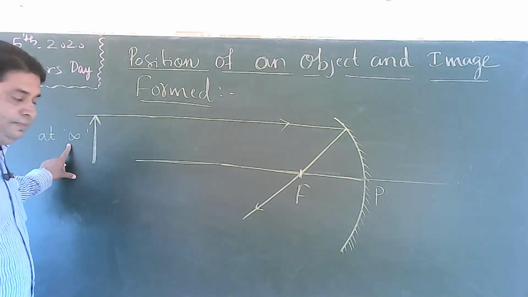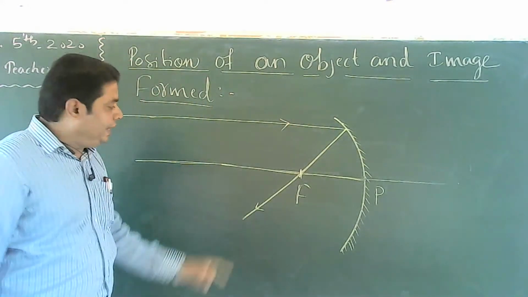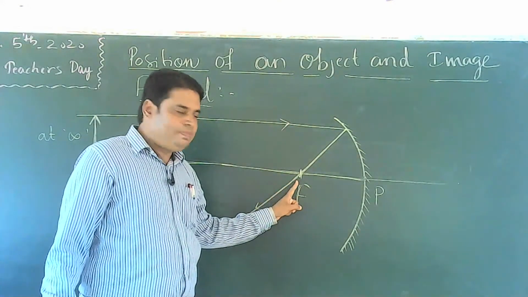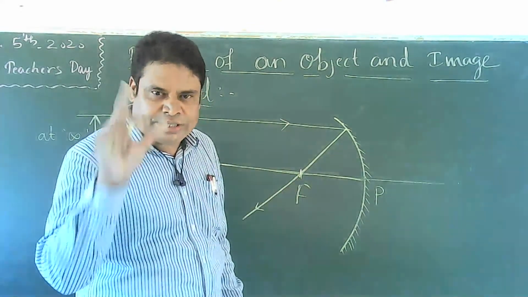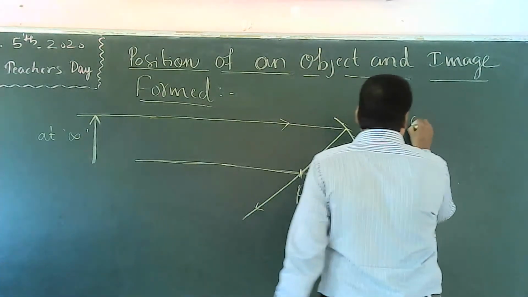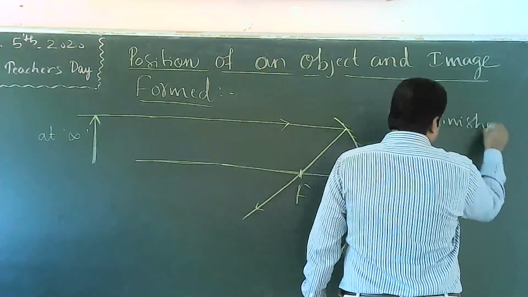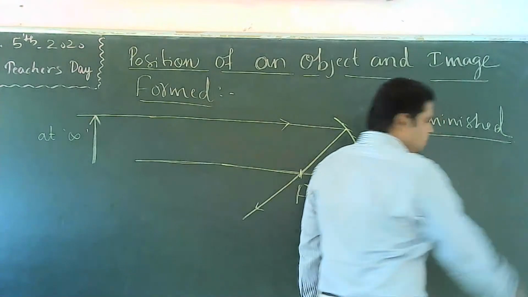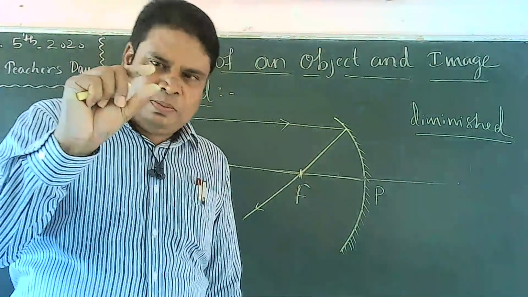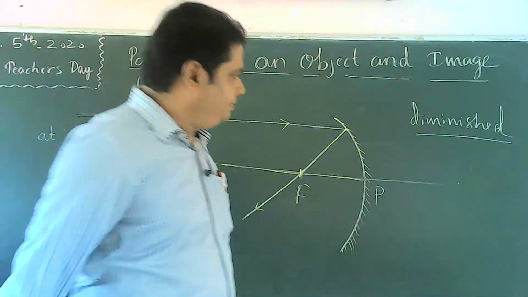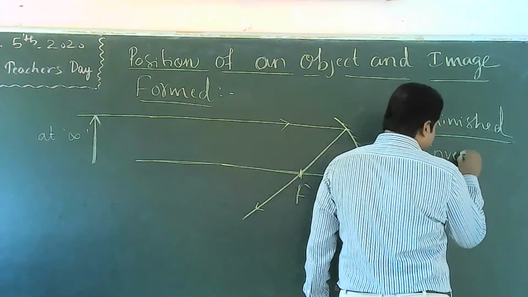When the object is placed at infinity, after reflection, the image is formed at F. Very much diminished is the term used. Diminished. It is very small in size, point size. Diminished. Inverted.